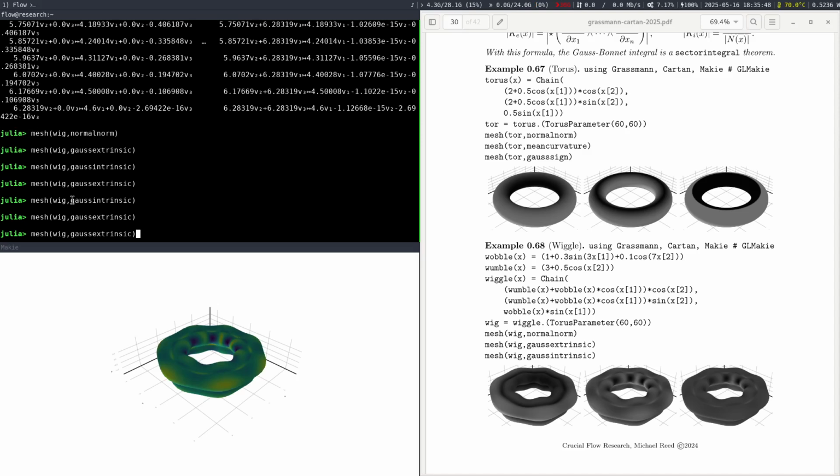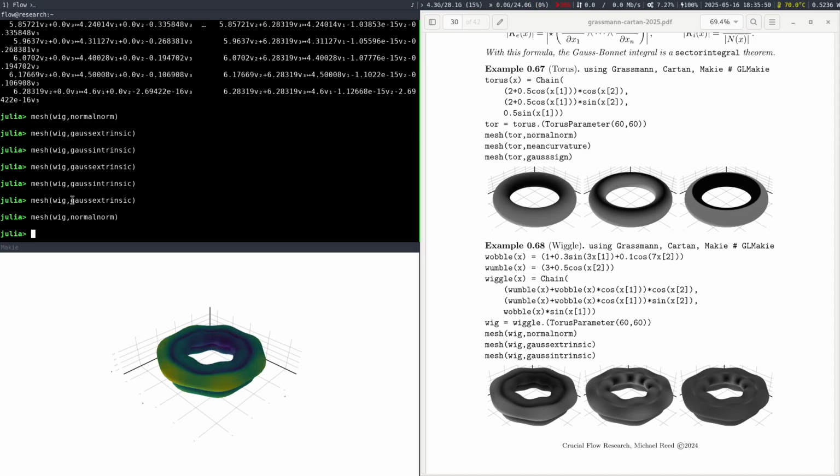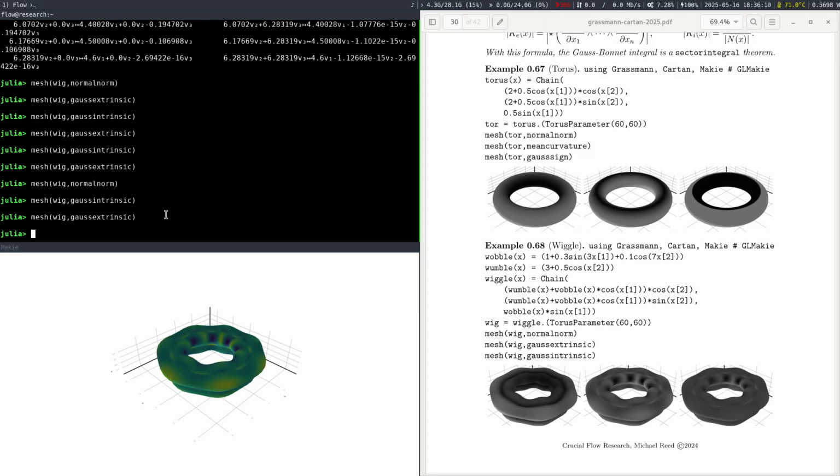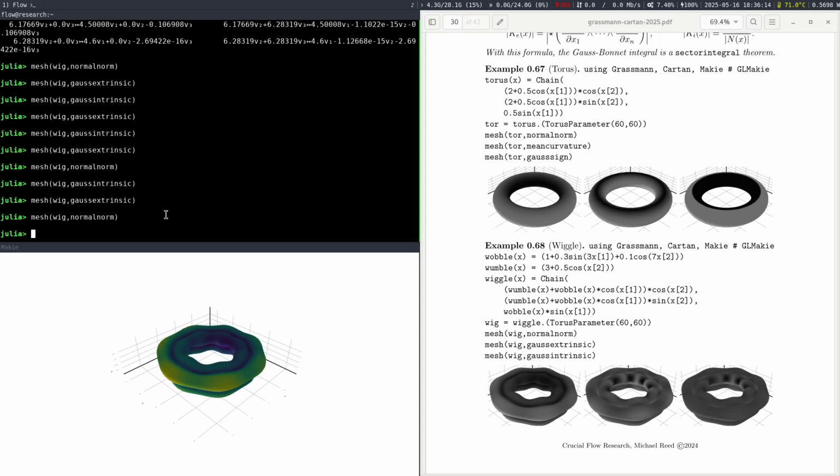The reason for that is that this is a factor that gets factored out in the intrinsic case, the normal norm. So the normal norm is present in the extrinsic case and factored out in the intrinsic case. And that's why we have all this going on.